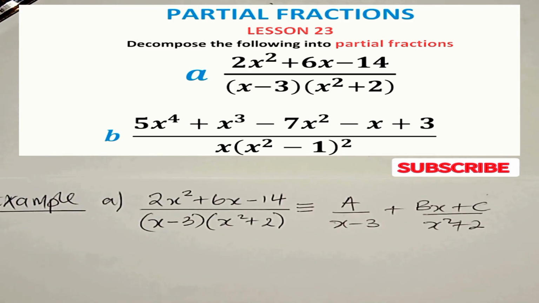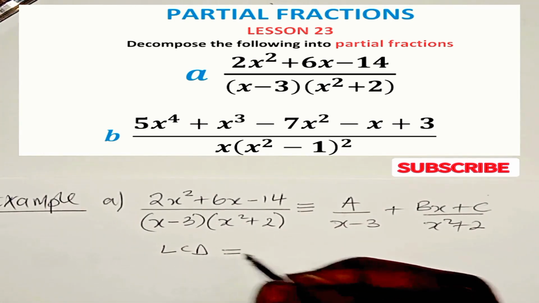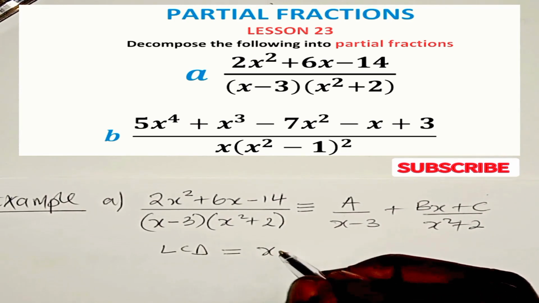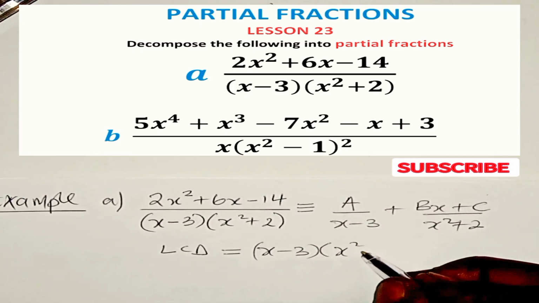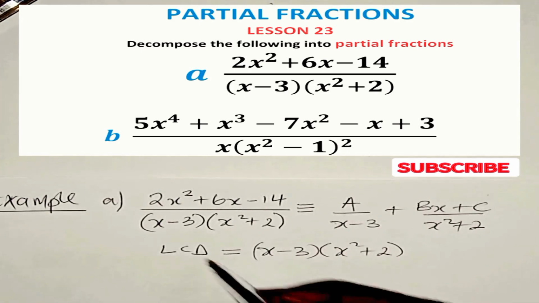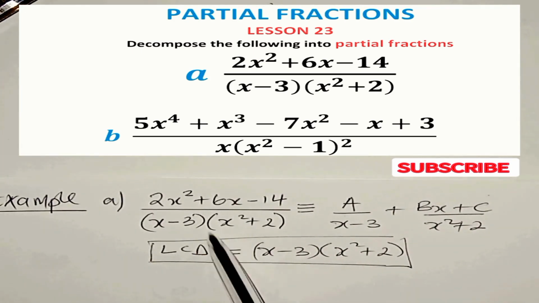Now let's look for the lowest common denominator, the LCD. In this regard, it is x minus 3 multiplied by x squared plus 2. Okay, and next we shall multiply the LCD throughout that equation.